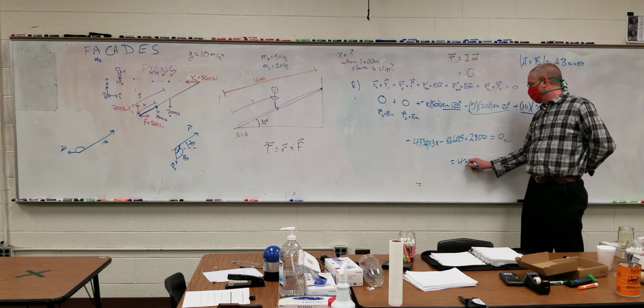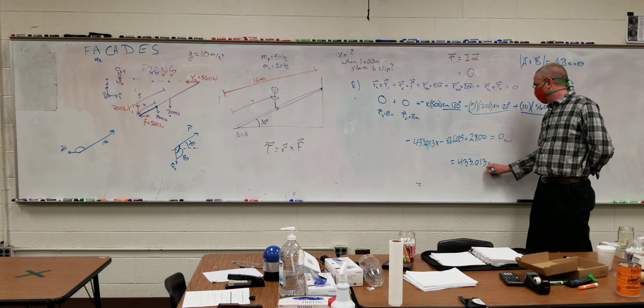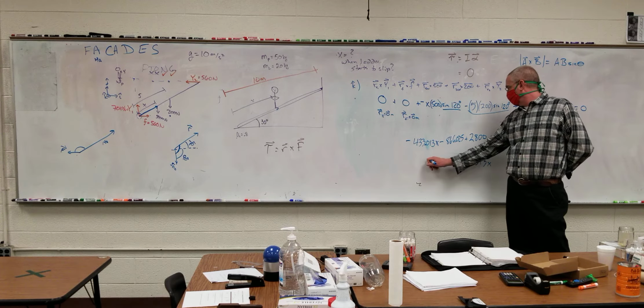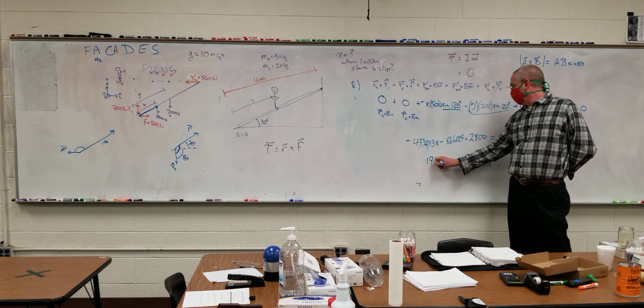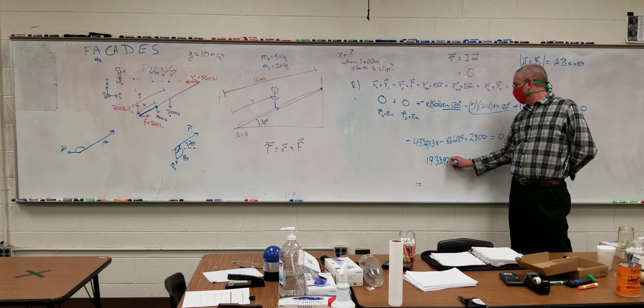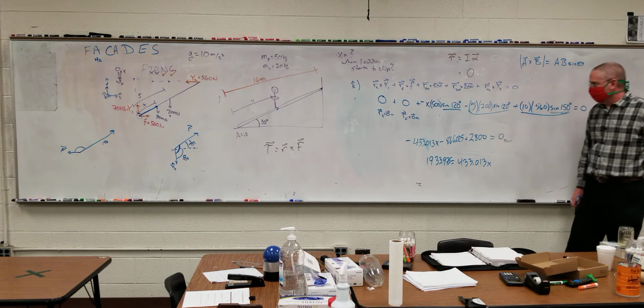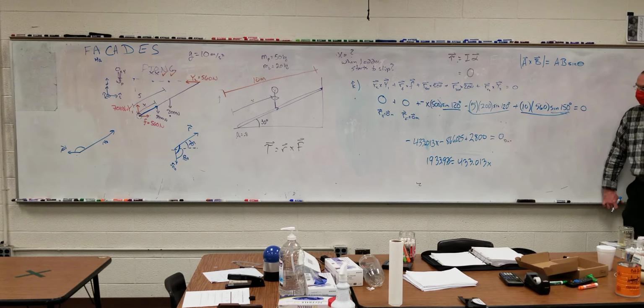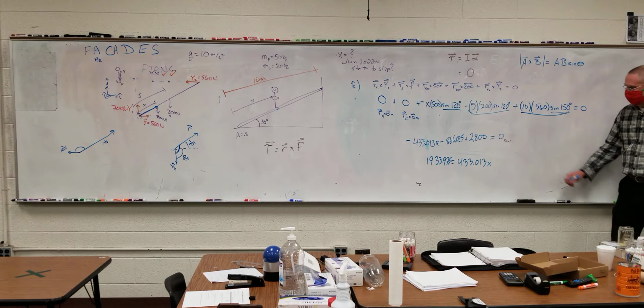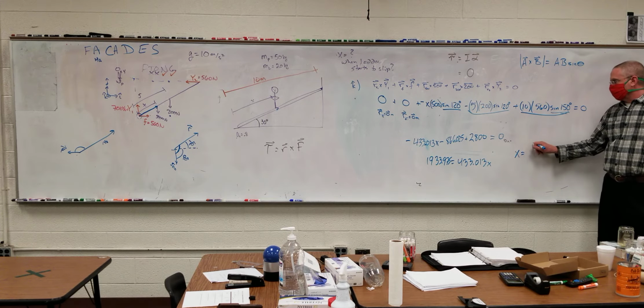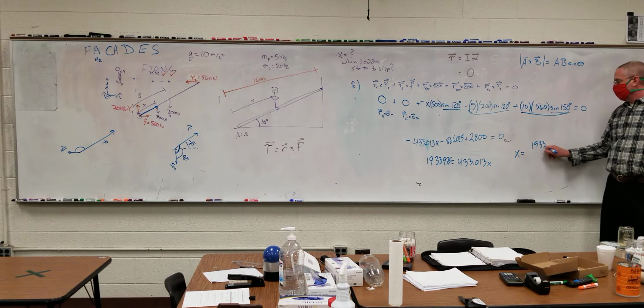So 433.013x, and then over here we have 1933.975, I think. So x is equal to 1933.975 divided by 433.013.